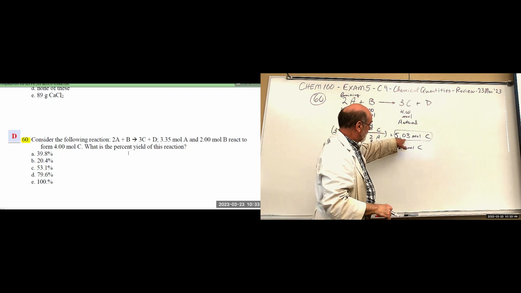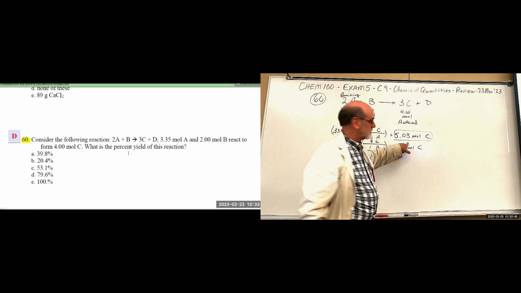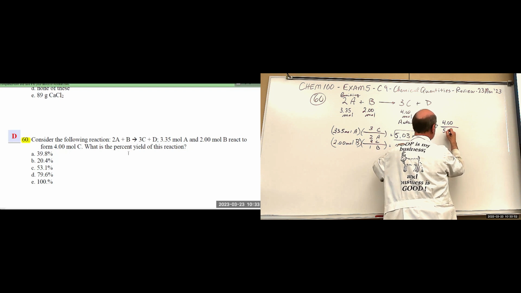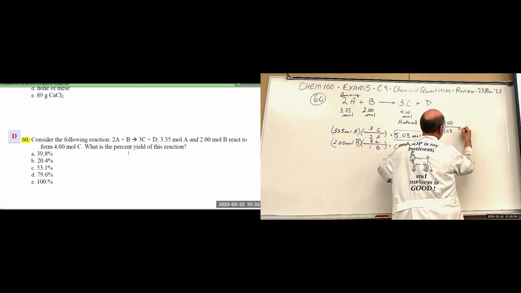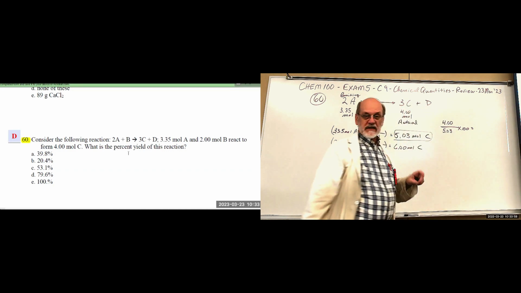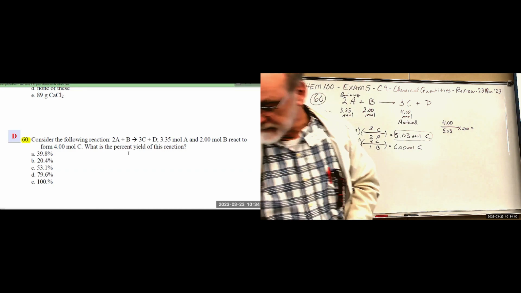And that means that this is the theoretical amount. So the actual divided by the theoretical times 100 would be a calculation of our yield.